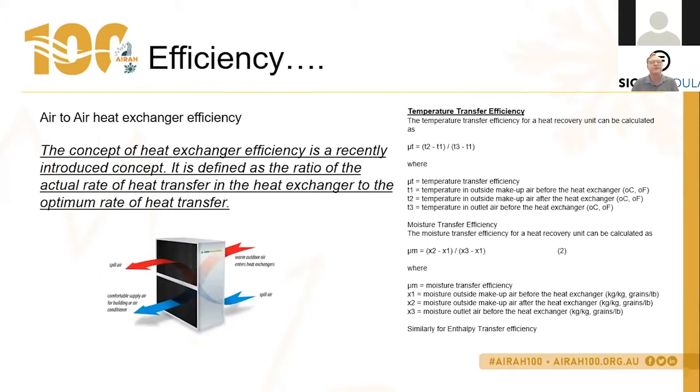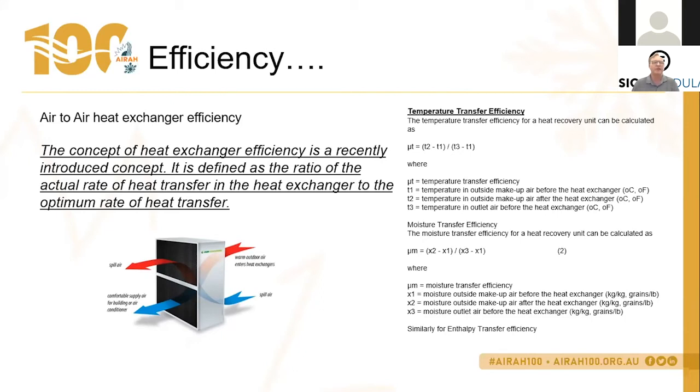For efficiency, the air-to-air heat exchanger efficiency is a relatively new concept, and it's just the ratio of the actual heat transfer in the heat exchanger to the optimum rate of heat transfer. It's a calculation based on the temperature differences between the incoming air on one side of the heat exchanger and the outgoing air on the other side, on both pathways. And it's a determination of the heat exchange that occurs based on those temperature differences.